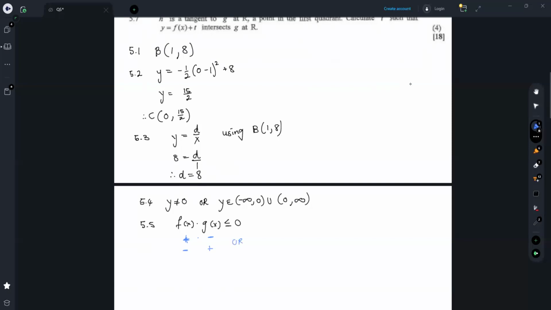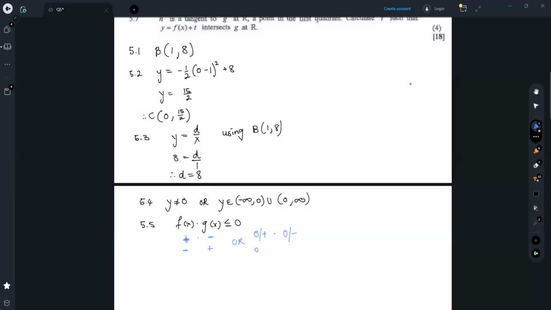Other than that, you know that either one of them must be 0 so that the 0 is included. So it's either 0 or positive multiplied by 0 or negative, so here we are taking care of both cases.